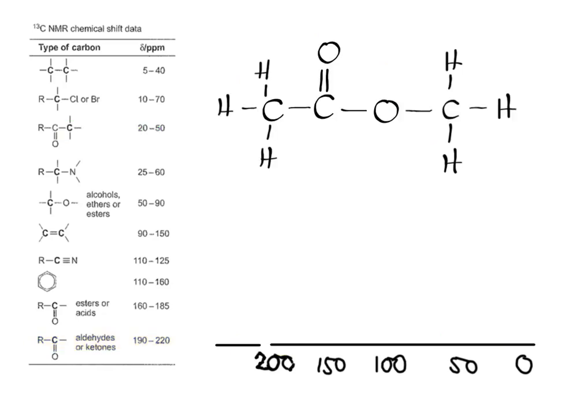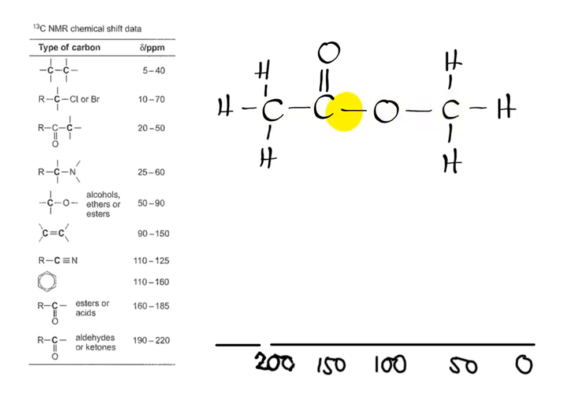Let's look at this. So we've got an ester, it's methyl ethanoate. How many different carbon environments do you feel it has? Now you might be looking at this thinking it's got two methyl groups, so will this methyl group be the same as this methyl group?